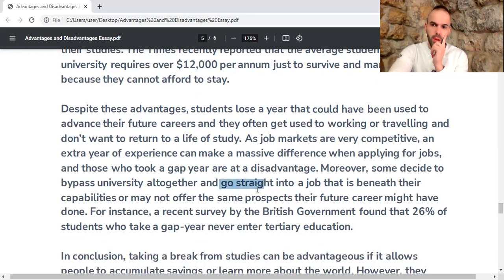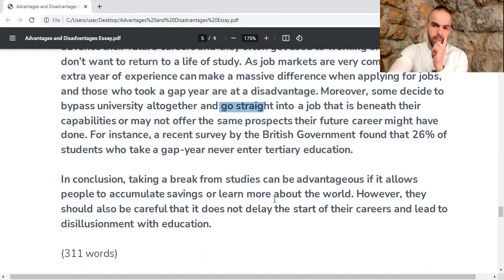So that's another verb in the present simple form. Found, that's past simple. What else do we have here? Okay, so as you can see, we have they should. We have a variety of words, a variety of sentences, or a variety of verbs in this essay.